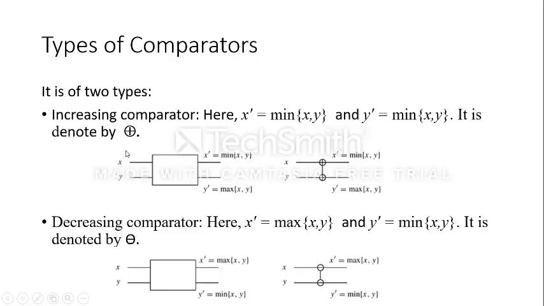Before that, I want to emphasize that if the value of x is 4 and the value of y is 5, and it is given to the increasing comparator, then x prime will have the value 4 while y prime will have the value 5.